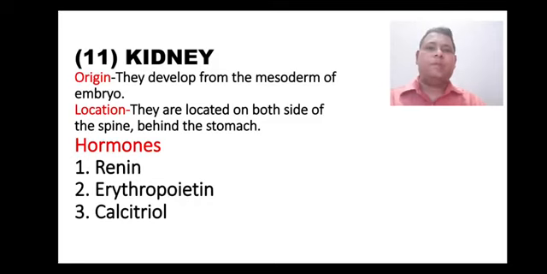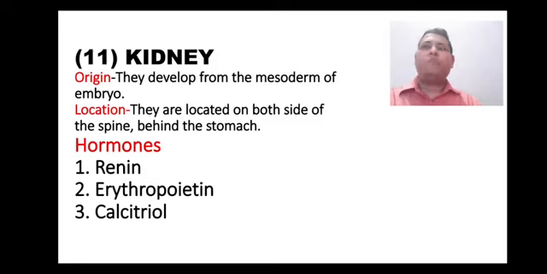Number 11, kidney. In humans, the excretory system consists of a pair of kidneys. Each kidney of an adult human measures 10 to 20 cm in length, 5 to 7 cm in width, and 2 to 3 cm in thickness, with an average weight of 120 to 170 grams.